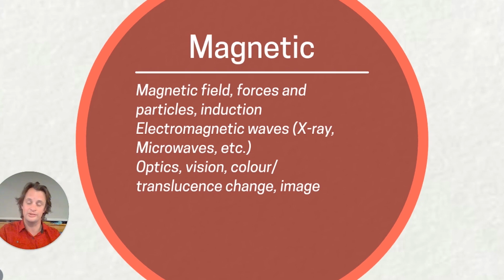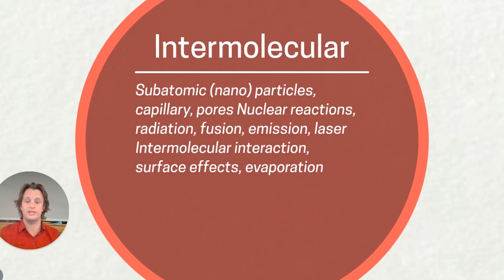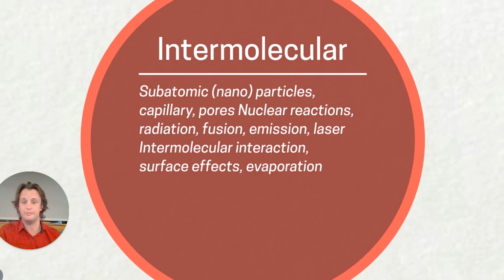And this is where it starts to get really fun. Talking about fun, this is where things start getting really messy. Intermolecular. This is when we're getting right down to our periodic table, to our subatomic layers. Nanoparticles, capillary actions. There's some cool stuff that's happening here. Make use of it.